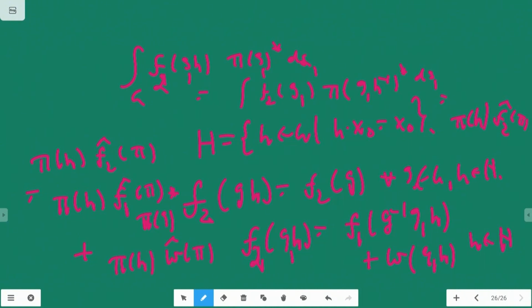Now, if I integrate with respect to h over the subgroup, with respect to the Haar measure on the subgroup, I get the integral of pi h dh. This is nothing but Ph. Ph is the orthogonal projection of C^d onto the space of all vectors x for which pi h x is equal to x for every h belonging to H. That means the set of all vectors which are stabilized by the subgroup H with respect to the representation pi.